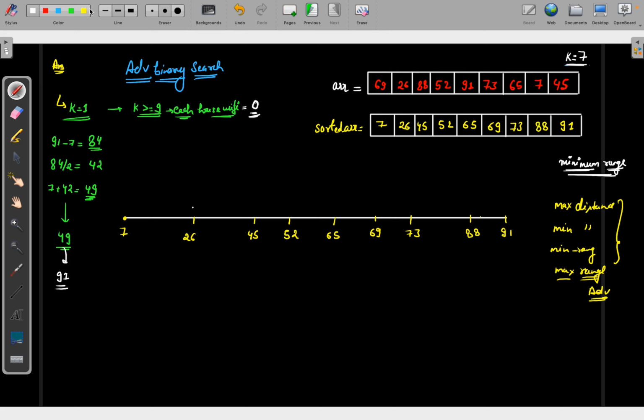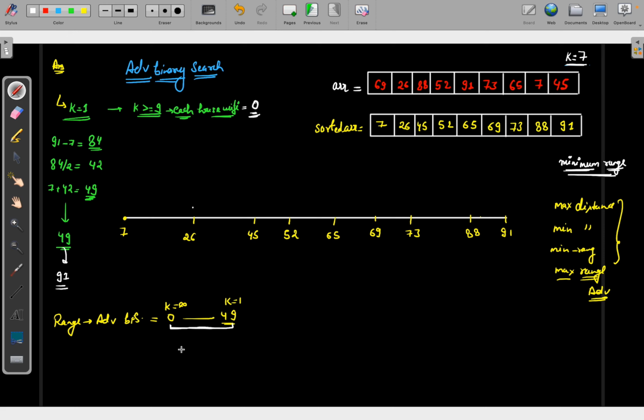So now I am getting the range for my advanced binary search that I can apply, that is from 0 till 49. 49 when we have only one router, 0 when we have infinite routers. And from here, now I will apply binary search.